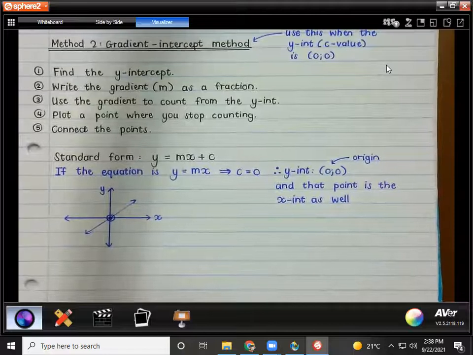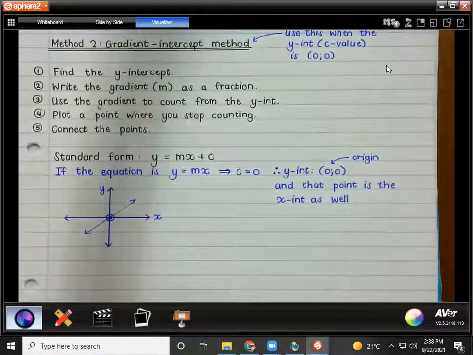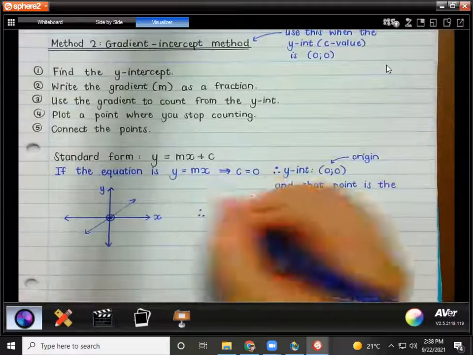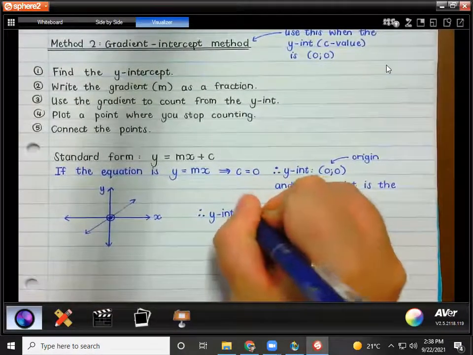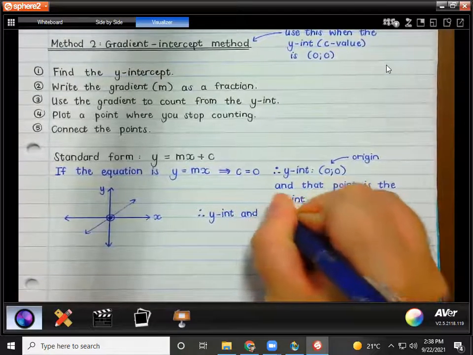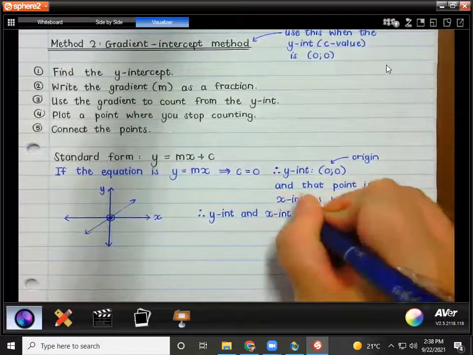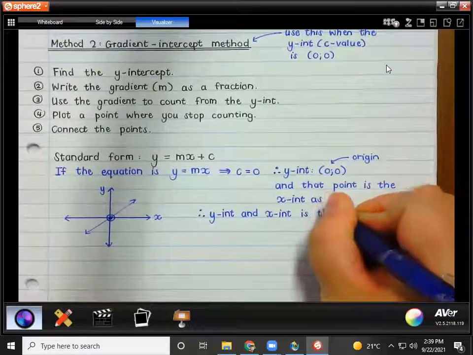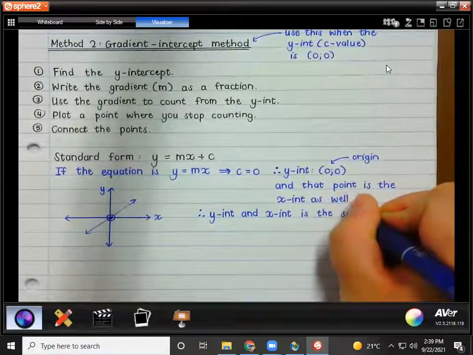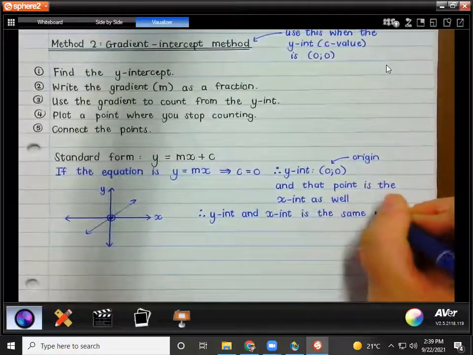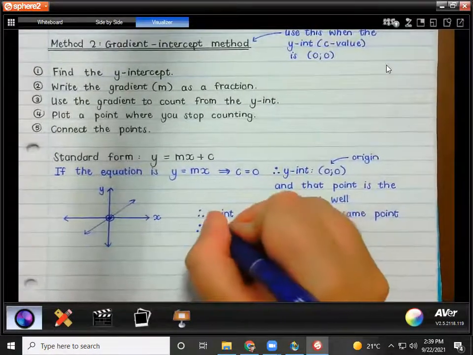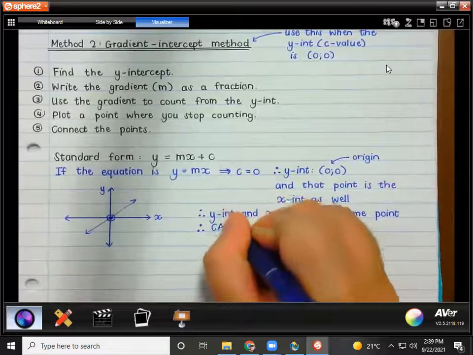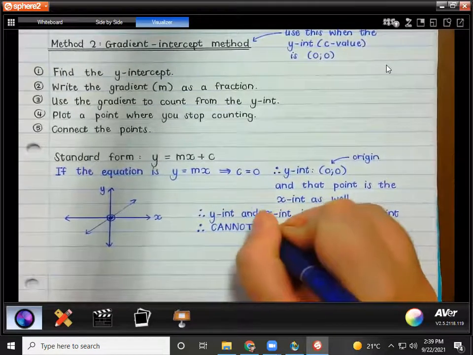The y-intercept and the x-intercept is the same point. Therefore, you cannot use the dual intercept method.